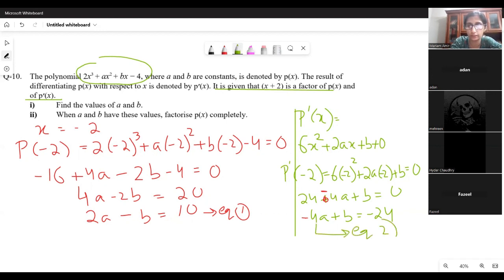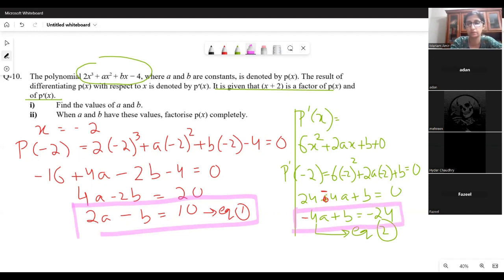Solve these two simultaneously and tell me what you get for a and b. Sorry, a is 7 and b is 4. Okay. a equals 7, b equals 4. Let's give the others a few minutes to do this.